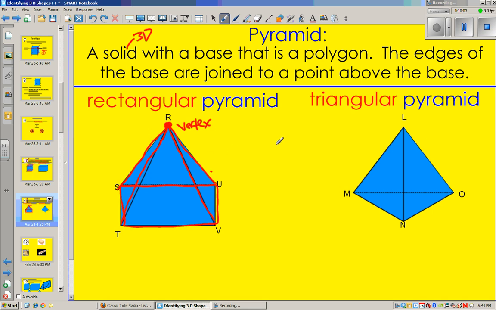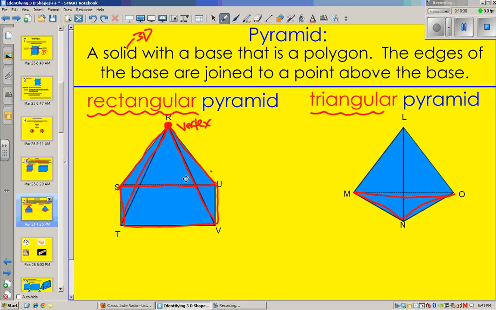Now, pyramids, just like prisms, are named by their bases. This pyramid is a rectangular pyramid because its base is a rectangle. This pyramid is a triangular pyramid because its base is a triangle and in fact all of its sides end up being triangles.